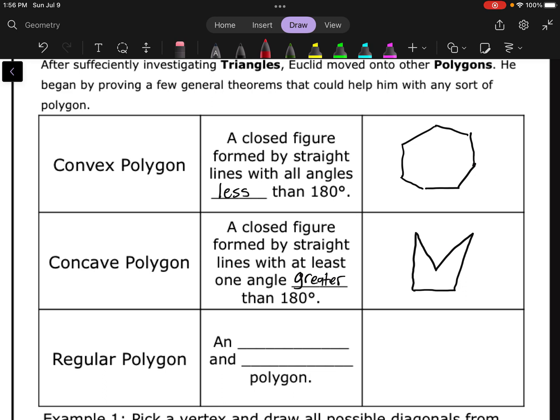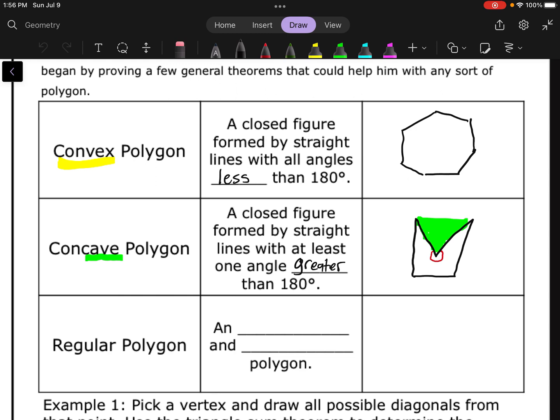If we look at this angle right there, it is more than 180 degrees, which creates this kind of cave-looking area. It bends inward on itself. That's how I remember concave. Concave polygons tend to kind of break some of these rules that we're going to be looking at later on. We're going to be mainly focusing on convex polygons.